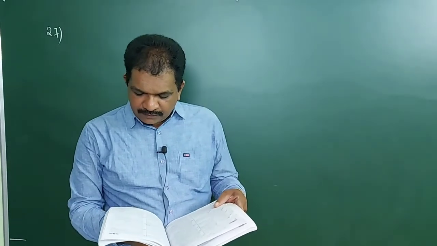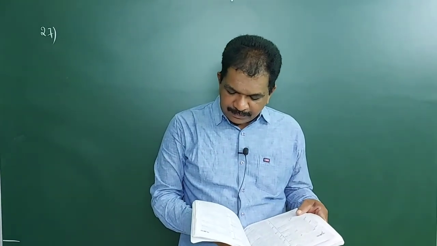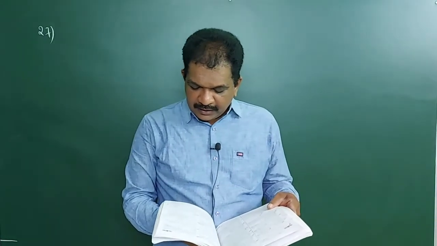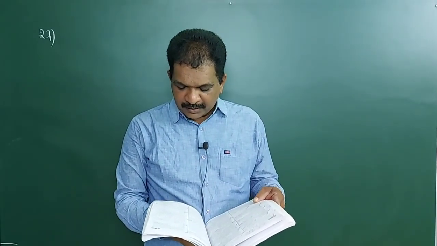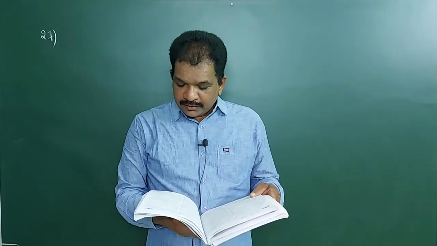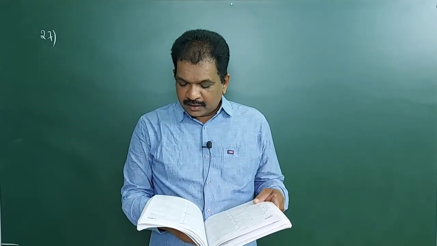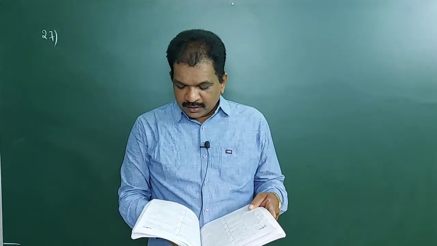What are they asking in 27? When the energy of the incident radiation is increased by 20%, the kinetic energy of the photoelectrons emitted from a metal surface is increased from 0.5 electron volt to 0.8 electron volt. The work function of the metal is?